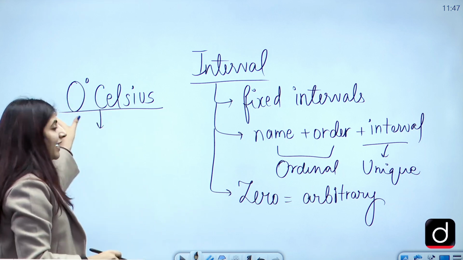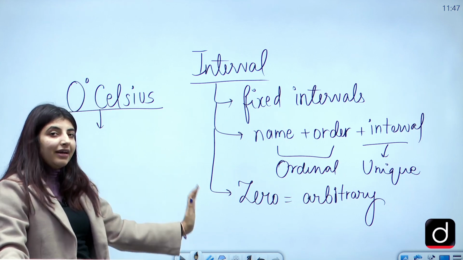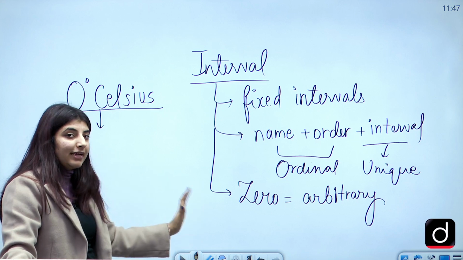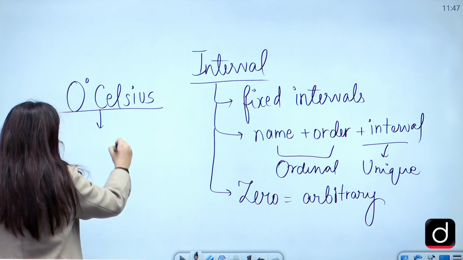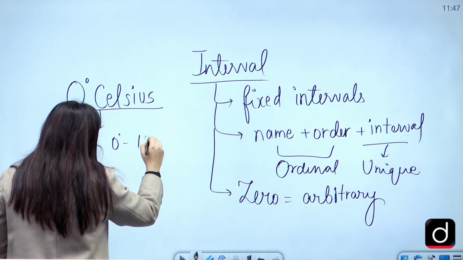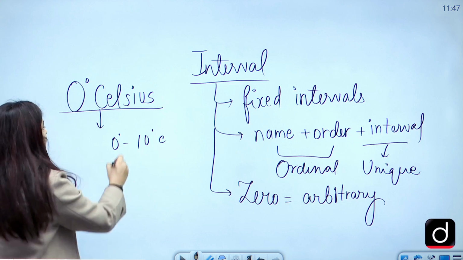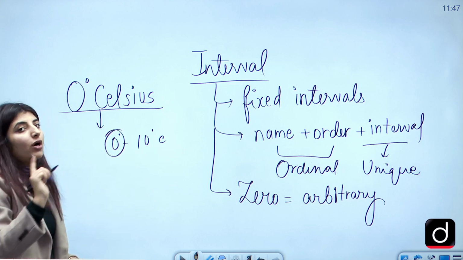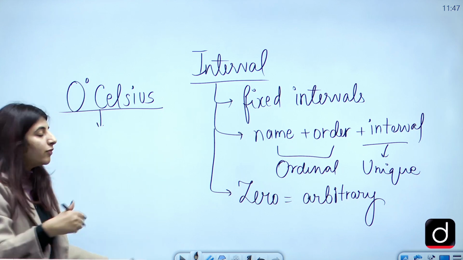So here, if I type 0 degrees Celsius, the temperature was 0 to 10 degrees Celsius and 10 to 20 and 20 to 30. So what I have done there, that 0 degrees Celsius to 10 degrees Celsius, that holds a value. And this 0 is not 0 here. It is arbitrary.